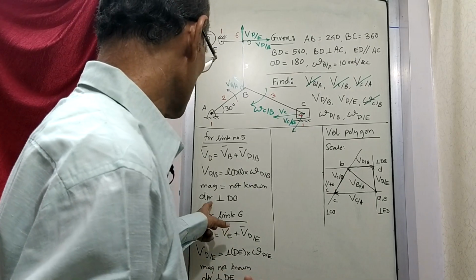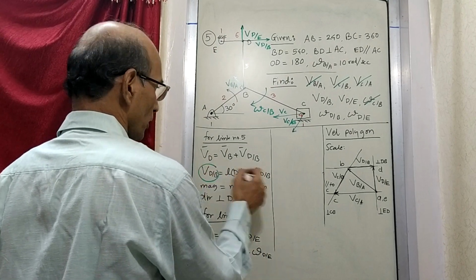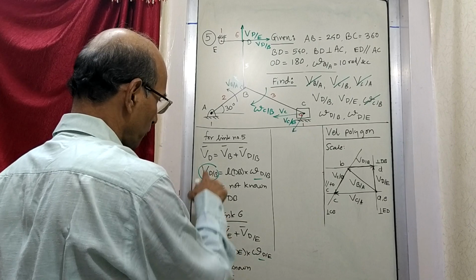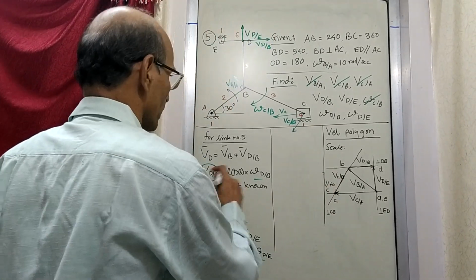So whatever two vectors which were not known here, because the angular velocity is not known, now we have directly found these two vectors over here. So now we can go back and write down their magnitudes.